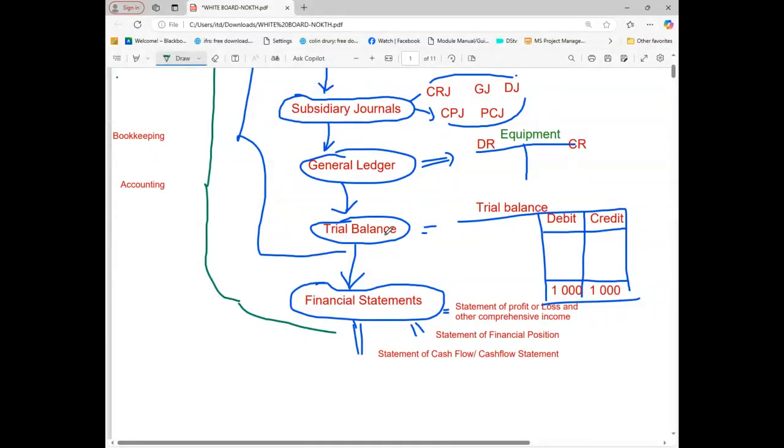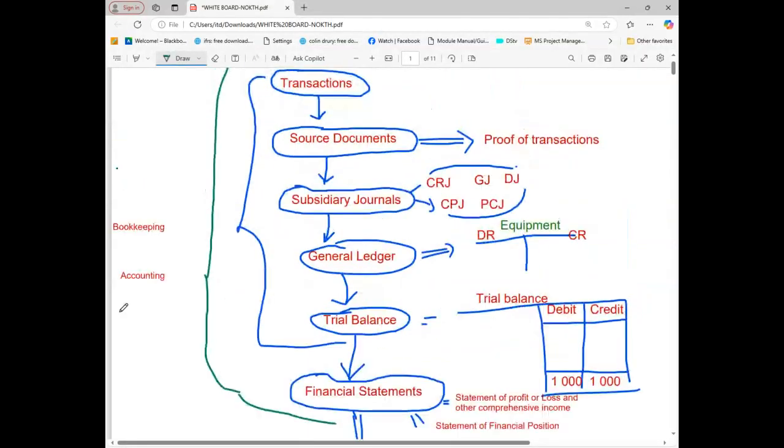After you have prepared your trial balance, you give it to the accountant, and the accountant will do the financial statements. So that is the basic bookkeeping and accounting. That is very important because it will affect us. Let me give you an opportunity to ask questions.